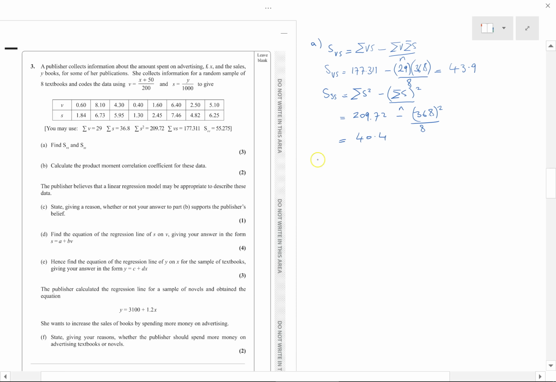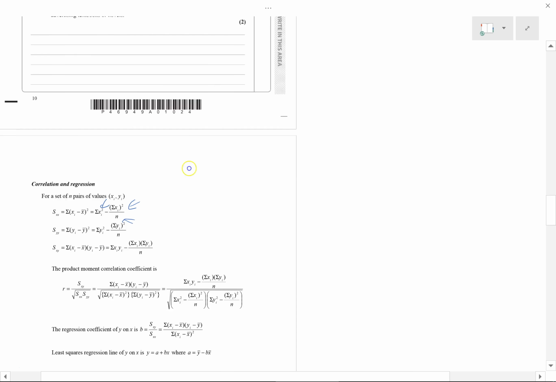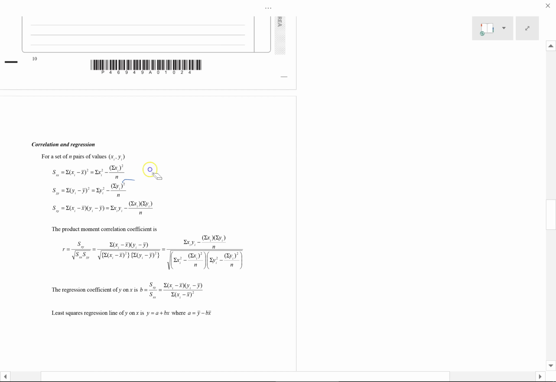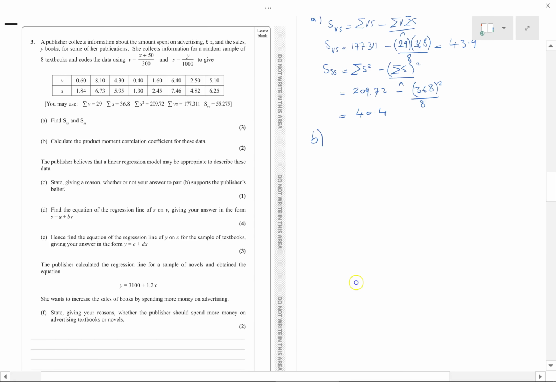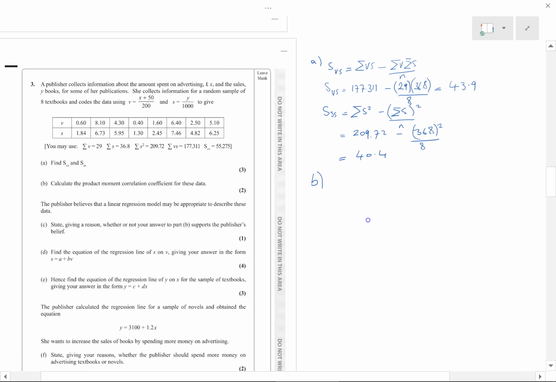Now for part B, the product moment correlation coefficient. We've got a formula for it here. It's SXY divided by the square root of SXX times SYY. So in this context, with the changed symbols, r is SVS divided by the square root of SSS times SVV.